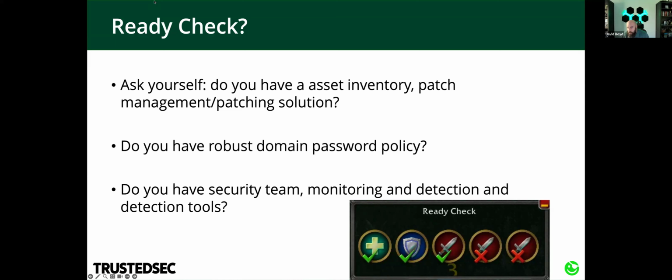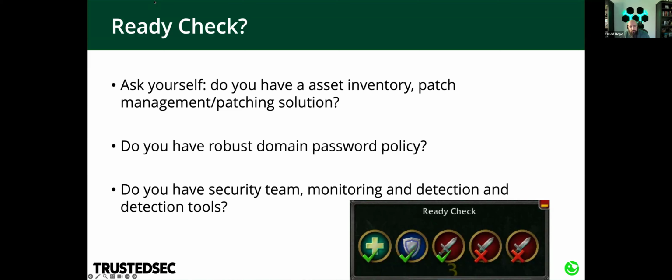Are you ensuring that you have controls in place to protect your users from themselves, right? We all like to try to make things as easy on ourselves as we can, and that includes setting passwords. Something as simple as a really robust and complex password policy will ensure that we're not taking shortcuts when it comes to setting account security.